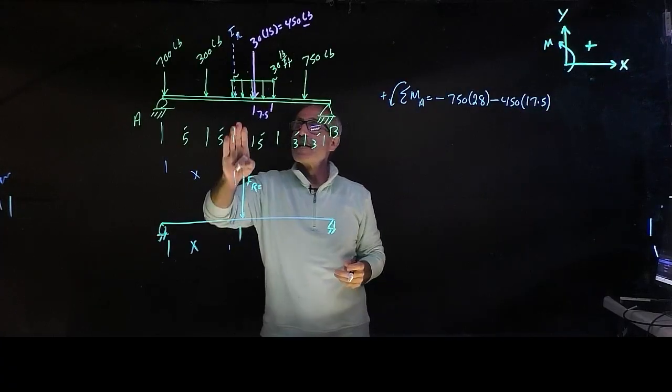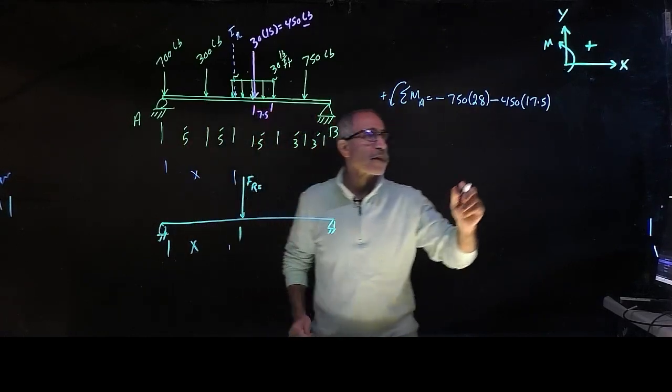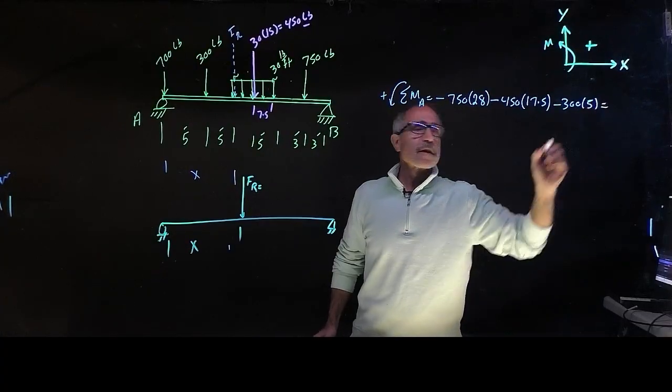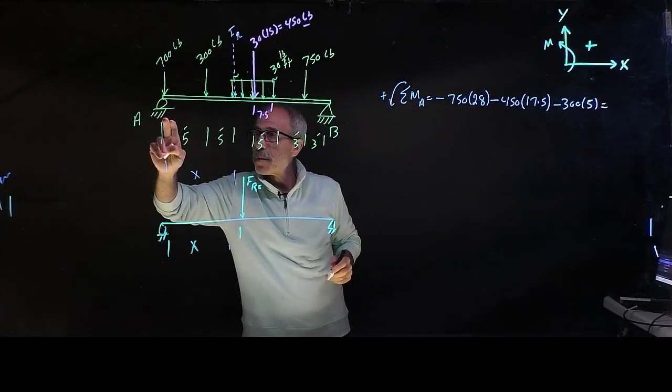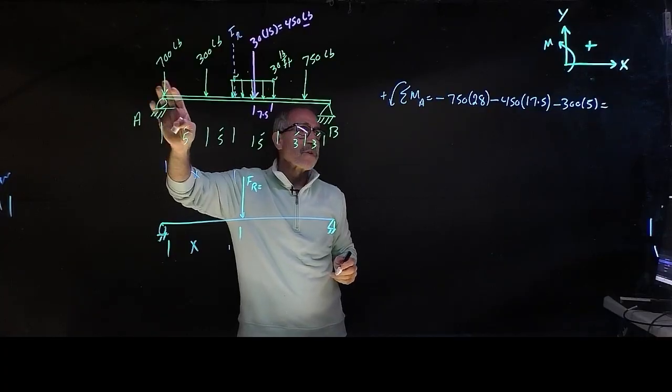Then I have nothing until I get here. And that's 300 times 5, minus 300 times 5. This one cannot take a moment about itself because it's right there. The distance is 0. So that's all we have.